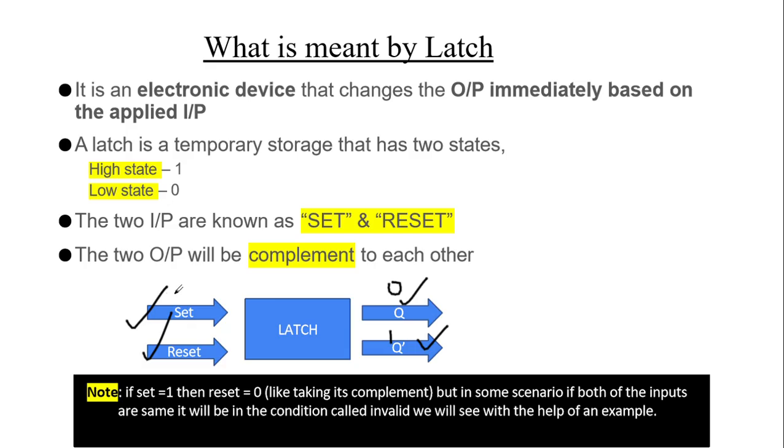Suppose in set I'm giving 1, then reset is changing the value, so it will become 0. This is just for your understanding. These are all the elements that we are going to use in the latch circuit. This is just a block diagram.